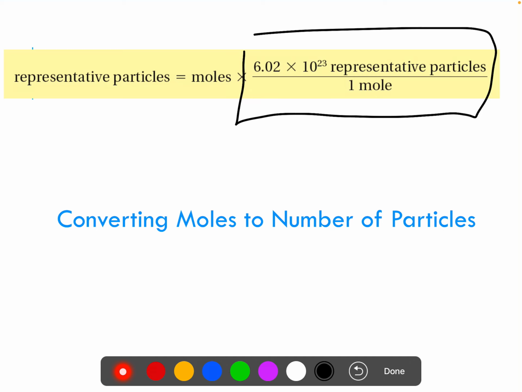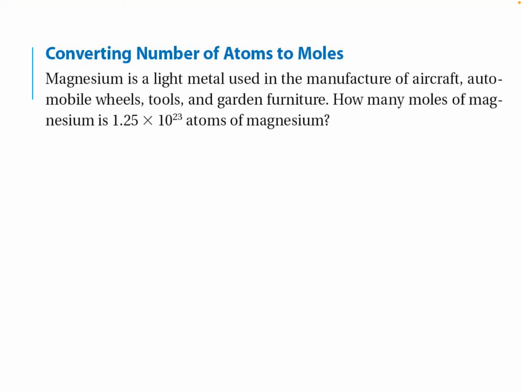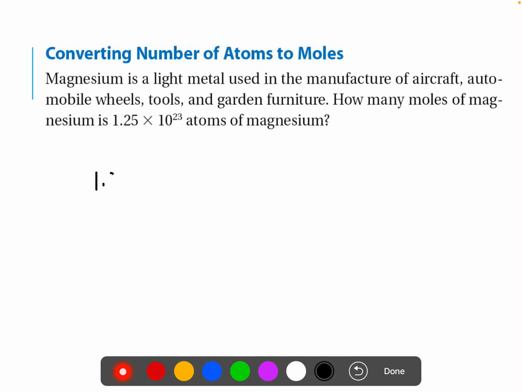Now, like I said, well, I don't know if I did mention this. In our class, we're going to use 6.022 times 10 to the 23rd. So sorry that it leaves off that other 2. But all you've got to do, atoms to moles: you have 1.25 times 10 to the 23rd atoms in this question. I want to know how many moles that is.